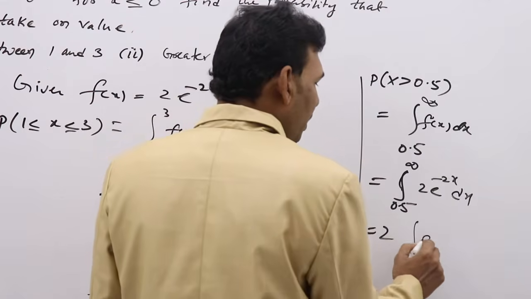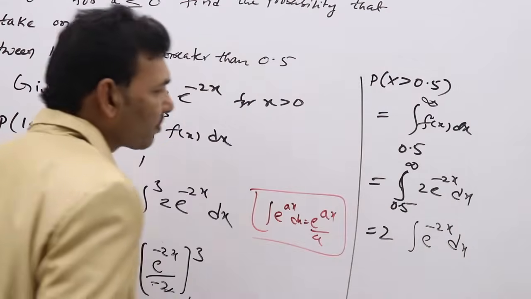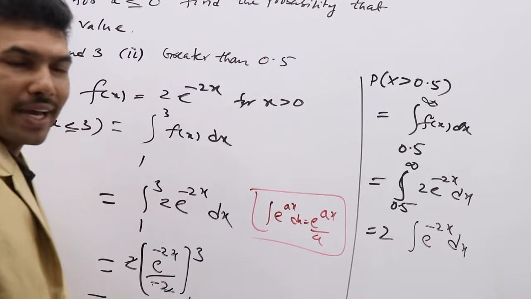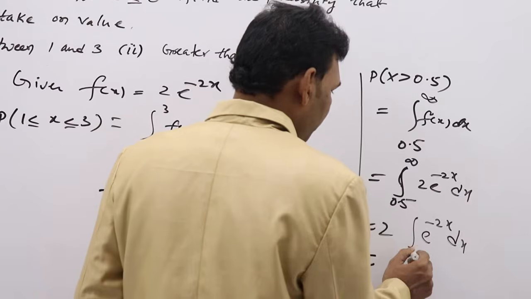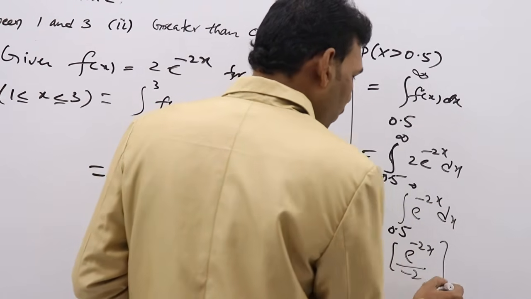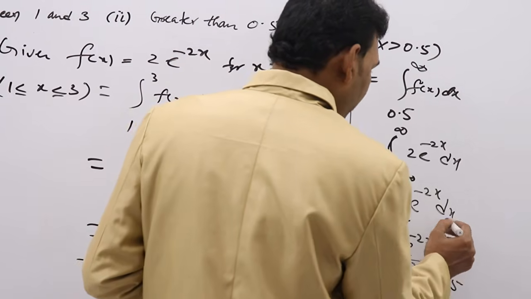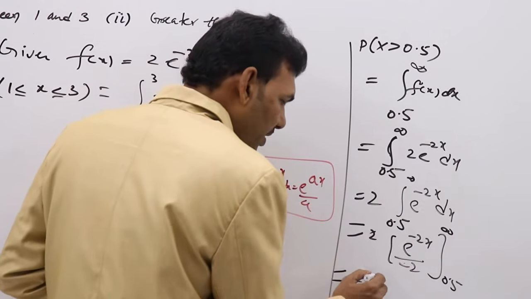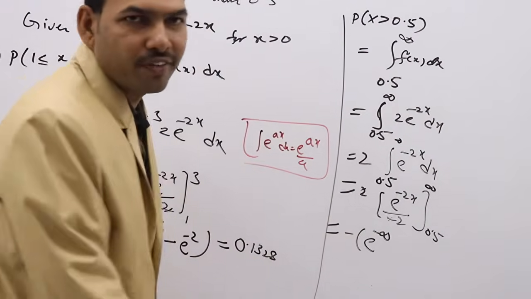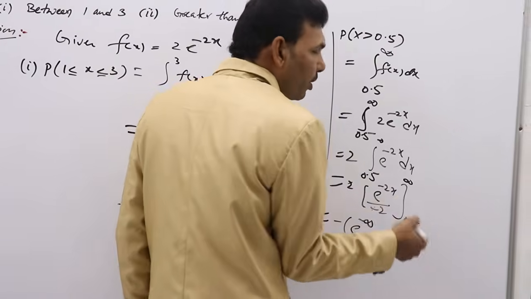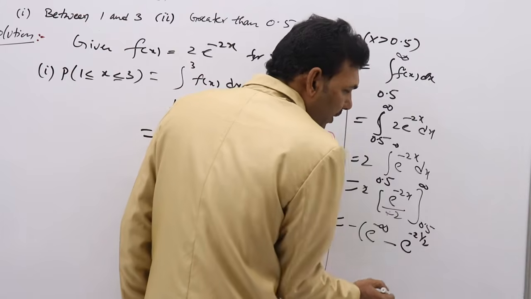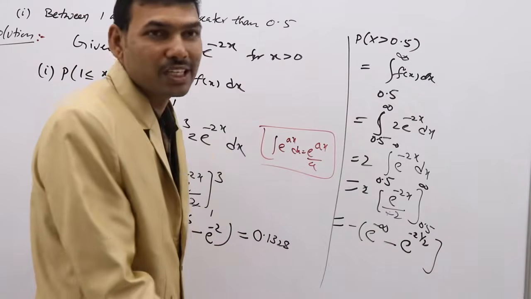2 is constant. Integral of e power minus 2x dx. We know the integral of e power ax is e power ax by a. So like that, e power minus 2x by minus 2, limits from 0.5 to infinity. So 2 gets cancelled, keep this minus outside. Here e power, if you write in the place of x infinity, minus 0.5 means 1 by 2, I am writing 0.5 as minus 1 by 2.